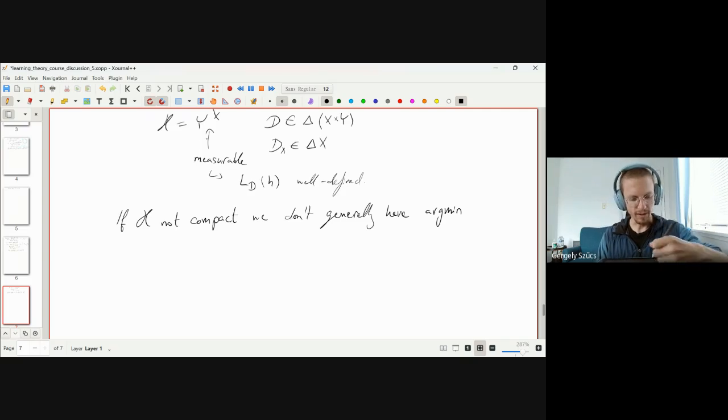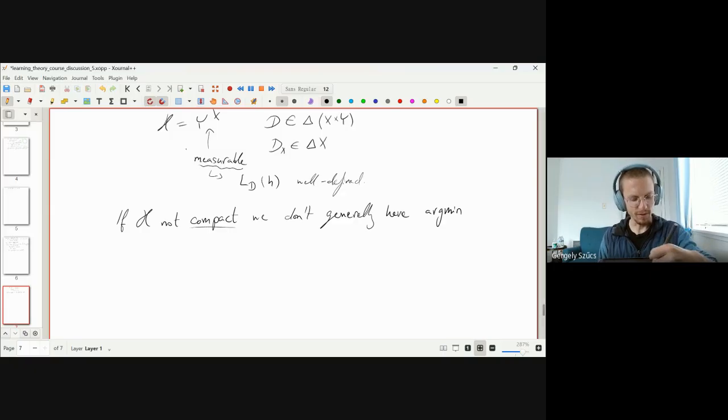So I guess I was trying to say, what does even compact mean here? Because we have this space of functions from X to Y, and I was saying that we probably want to restrict to measurable functions.